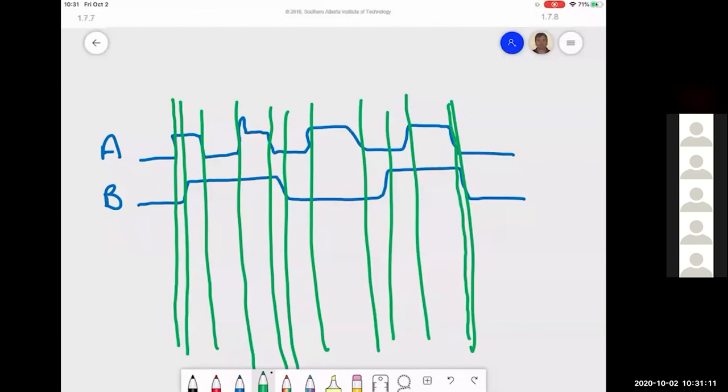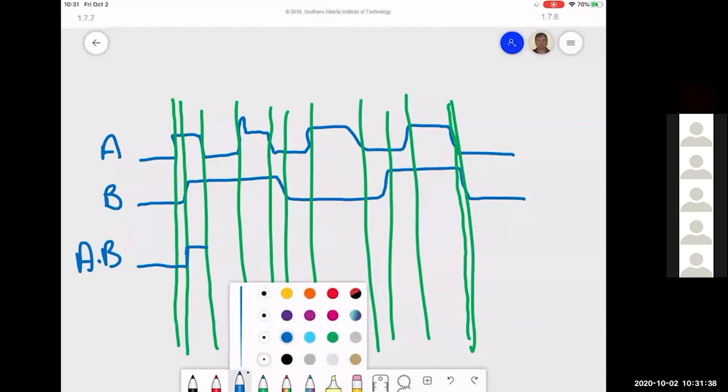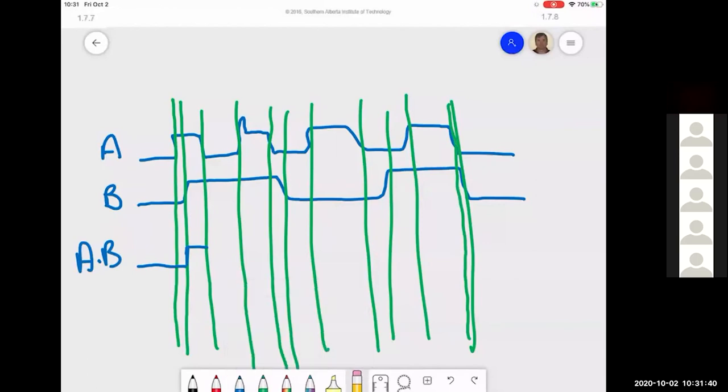And then I'm going to do my output. I'm just going to do A and B. Well, it wouldn't actually change right on that line. Okay? That's not realistic. The output's not going to change straight away. There's going to be a small delay. So let's change that.